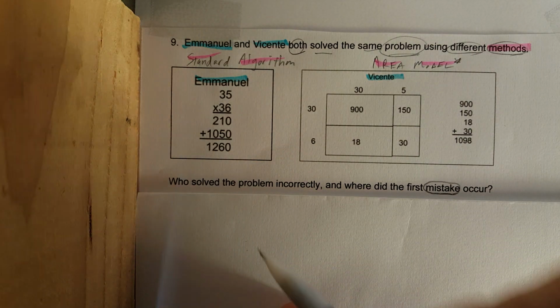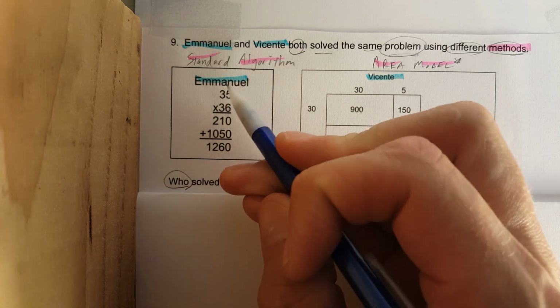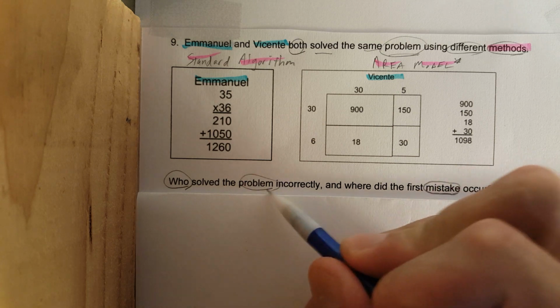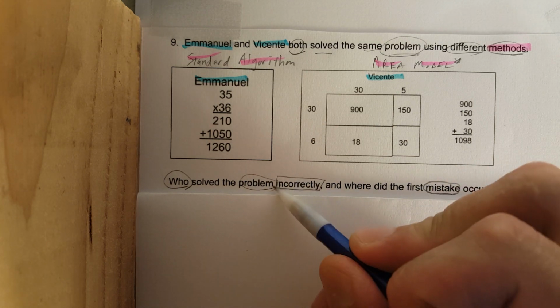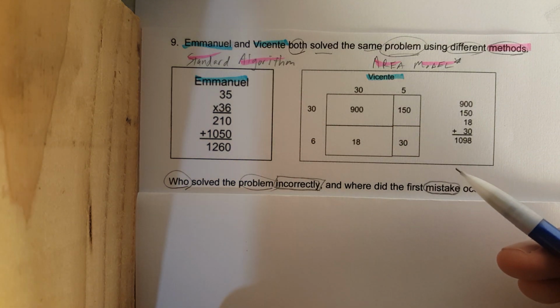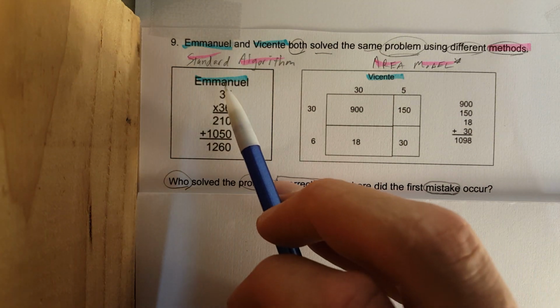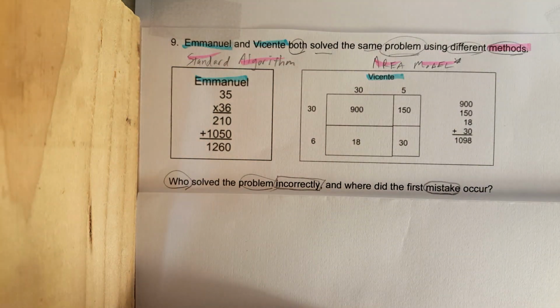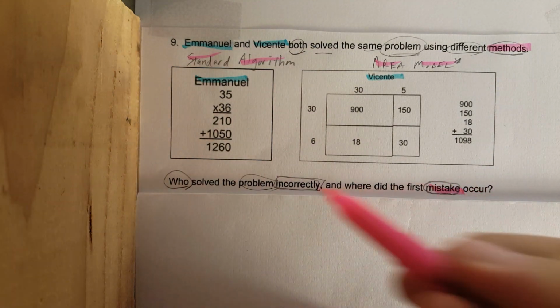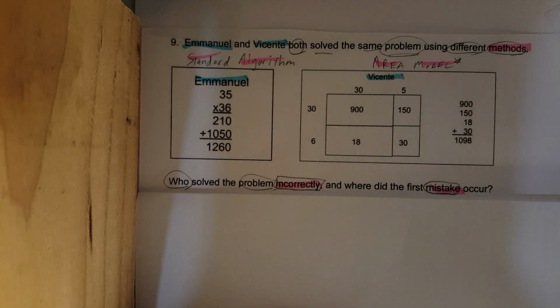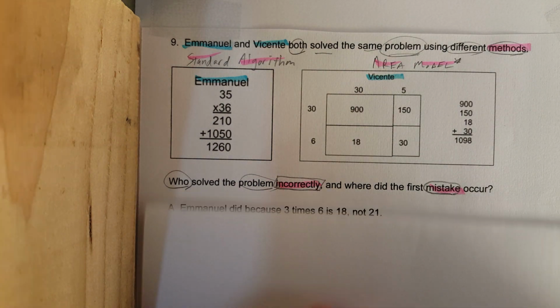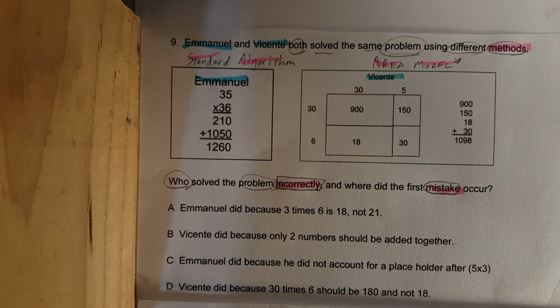Let's go to the question. Who, Emmanuel or Vicente, solved the problem, there's the most important word, incorrectly. Somebody made a mistake. Was it Emmanuel or Vicente? Let's find out. Mistake, incorrect. Now you can go down farther and see all the options, but if we just find the mistake, you will find the answer.